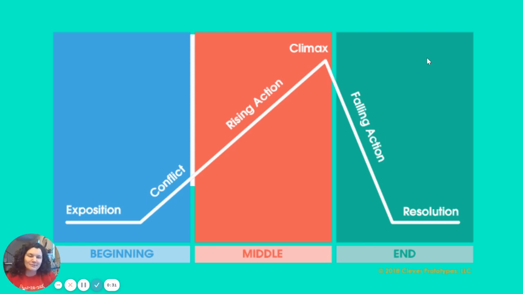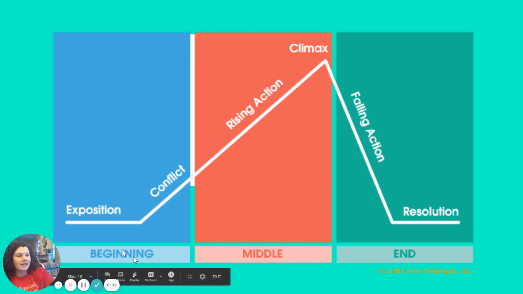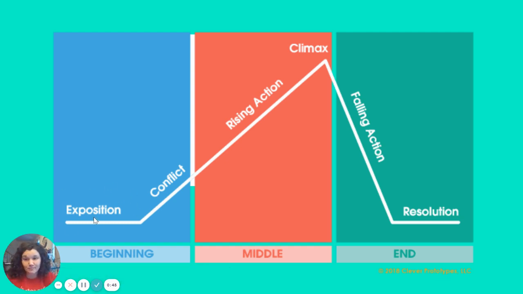This is a plot diagram, and we break everything down into the beginning, the middle, and the end. Right now, we are in the exposition section. We're going to start seeing some conflict, and that's going to take us to the biggest point of conflict and the highest amount of tension in the story, and then we'll find a resolution.